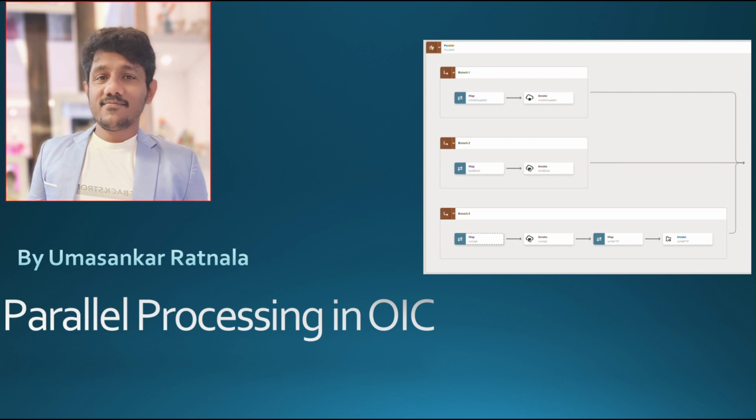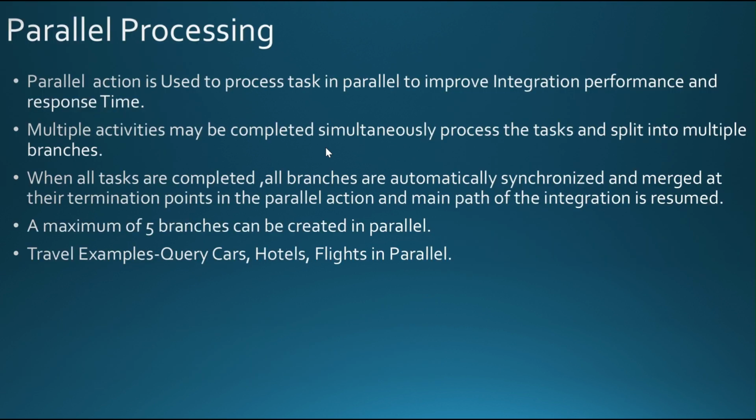In today's session, I am going to talk about one of the important features in Oracle Integration Generation 3, that is parallel processing. Let's understand what parallel processing is. Within your integration, it allows you to process multiple tasks in parallel to improve the integration performance and response time.